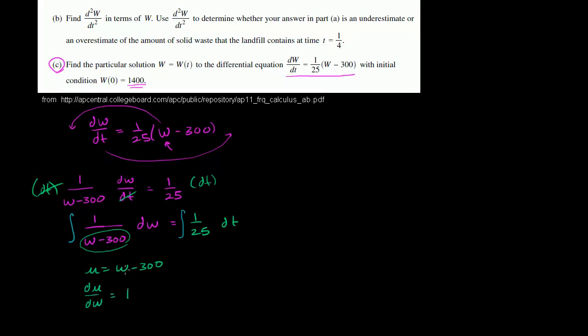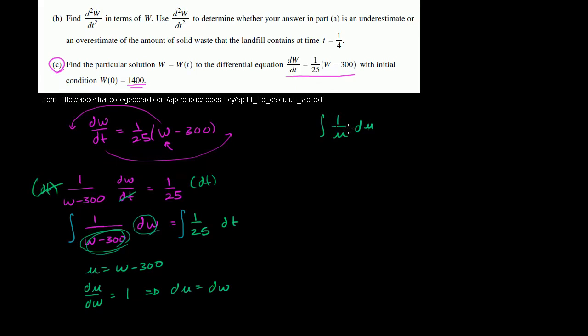The derivative of this with respect to w is 1. Or if you multiply both sides times dw, you have du is equal to dw. And so this left-hand side, this integral, could be rewritten as the integral of 1 over u du. We defined this as u, and we just saw that du is the same thing as dw.